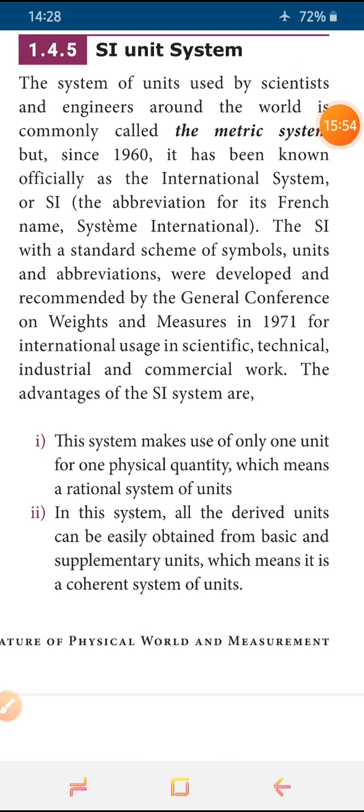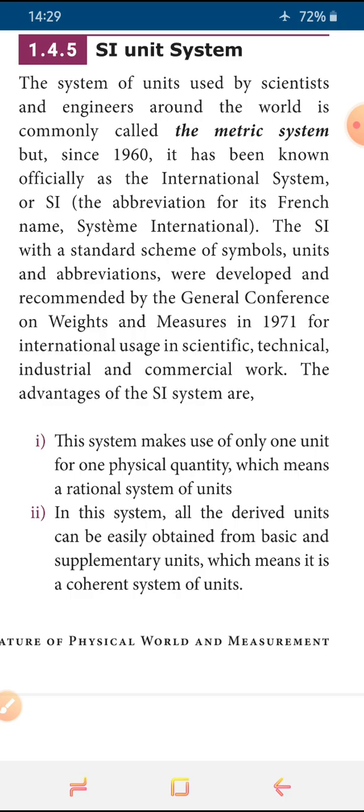And after that, in do you know, the topic is about the SI unit system, and this system is used by scientists and engineers around the world. At present, we are using this system from 1960. SI is the abbreviation of International System, or System of International Units.